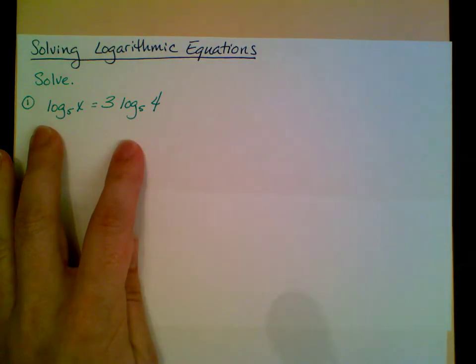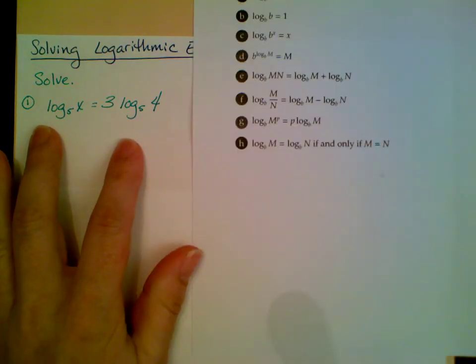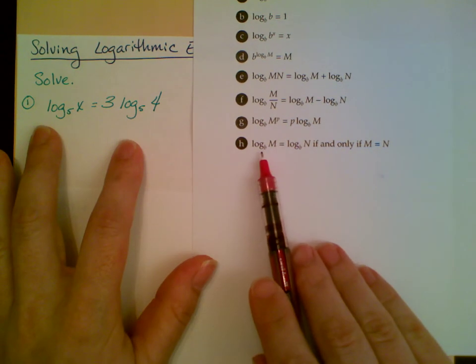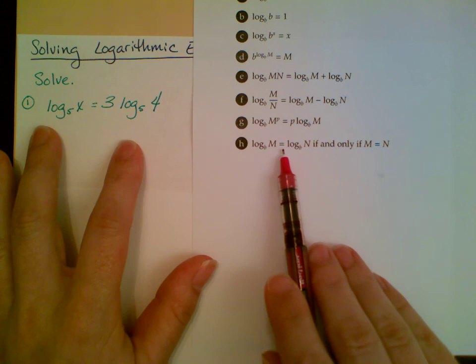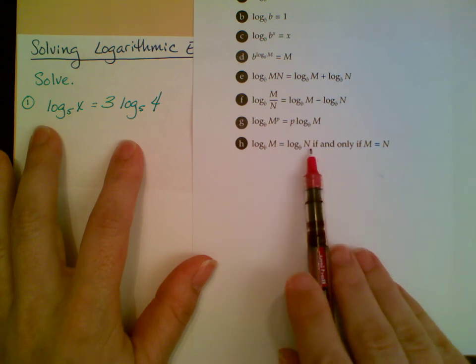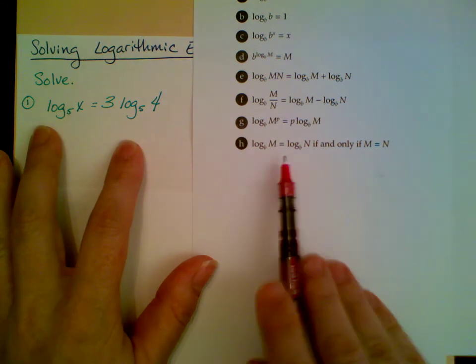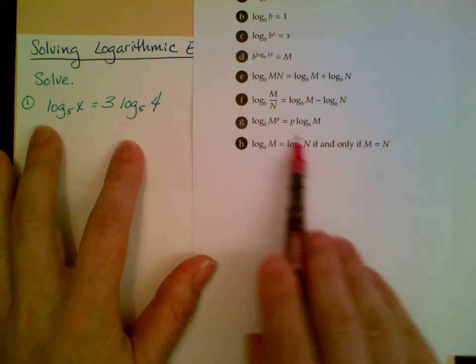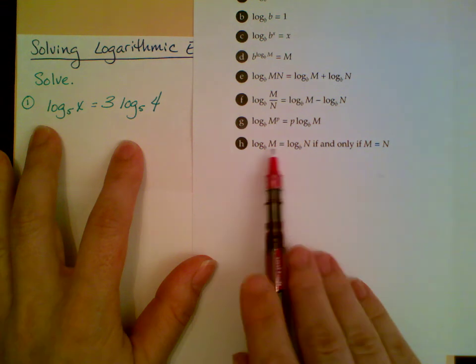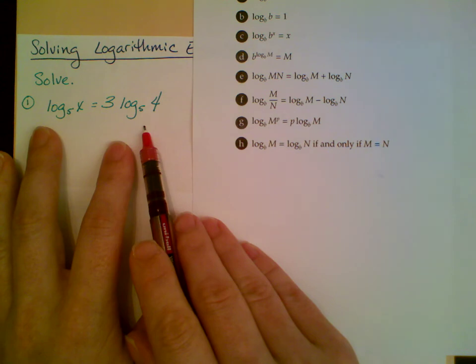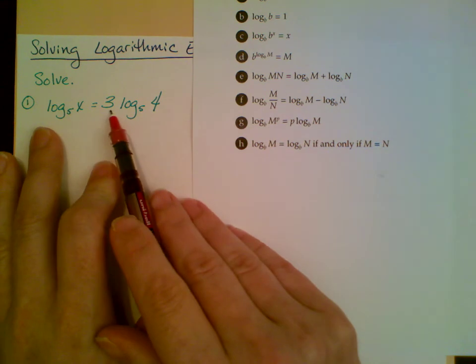Notice that on our properties sheet, we do have property h, which says log base b of m equals log base b of n if and only if m equals n, which means this equation can only be true if these two inputs are equal. However, that's not exactly what we have here, because we have this 3 that's sort of complicating matters.